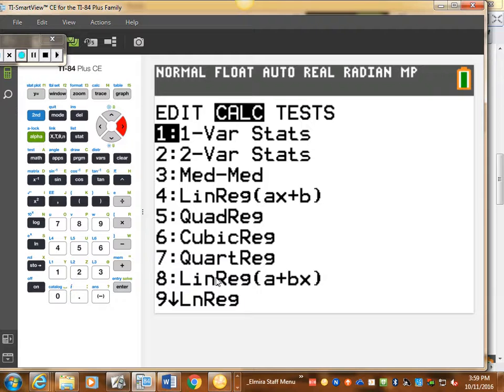Now you'll see option 8 also says linear regression, but we want mx plus b. This says a instead of m. It's the same. We don't want the y-intercept first and then the slope or rate of change next. We don't want it in that order. ln regression, I think, is logarithms, natural logs. We don't want that either. We want option 4 only today.